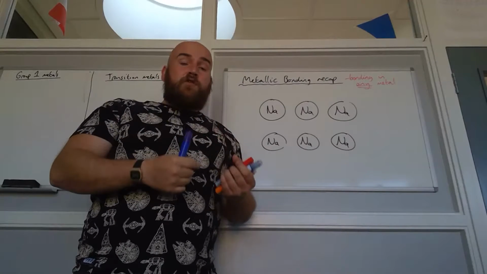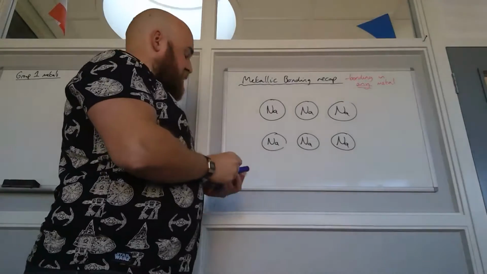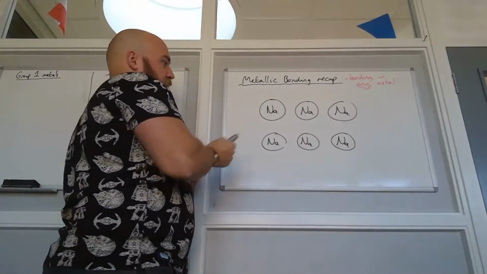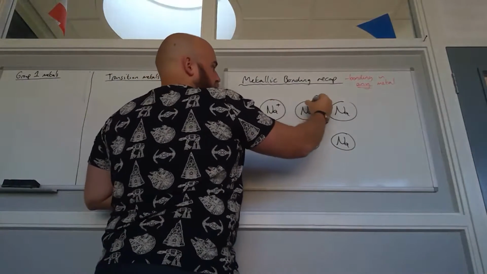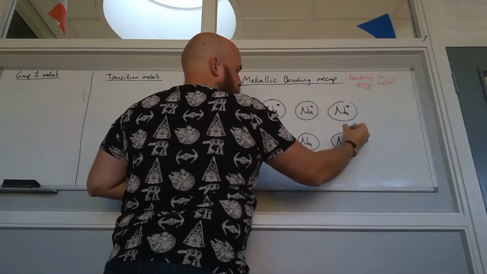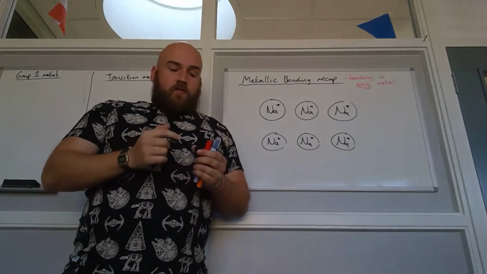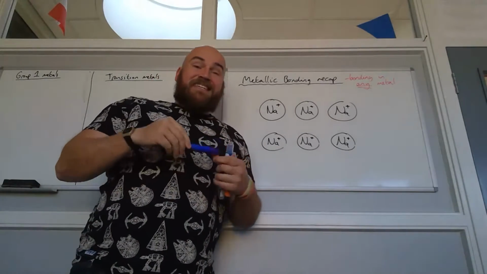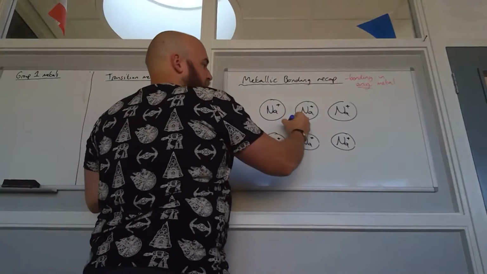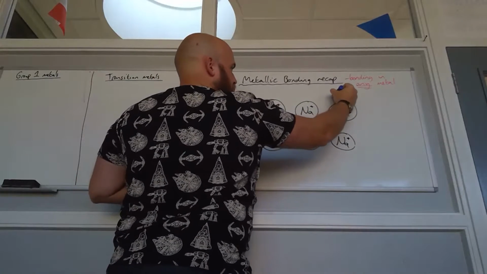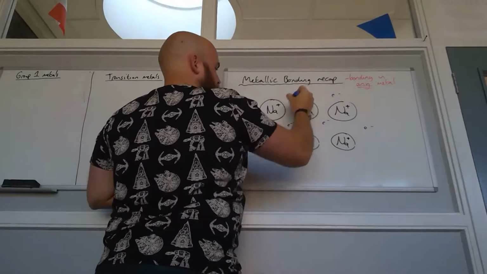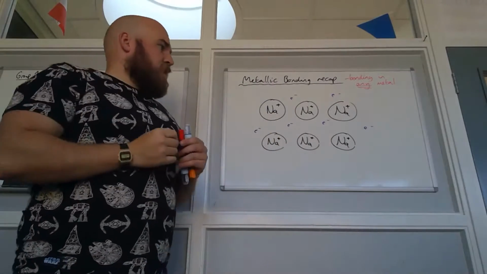Therefore, it needs to lose that electron. So if it loses that electron, it becomes a positive ion, like so. But where have all those electrons gone? Well, they've been delocalized. So those electrons are just effectively swimming around in between the individual ions.